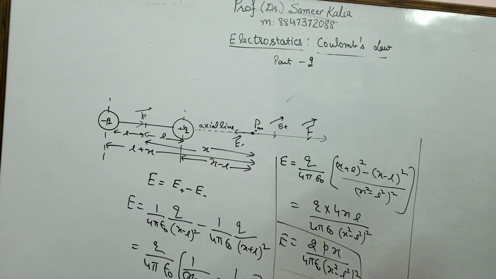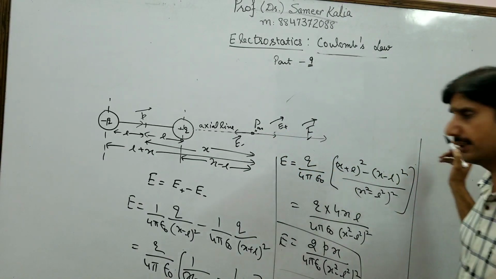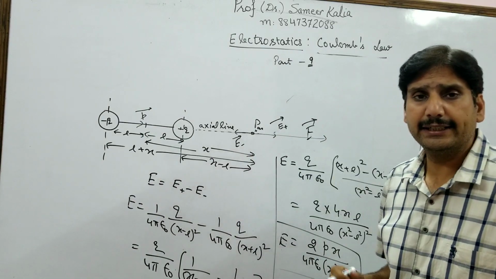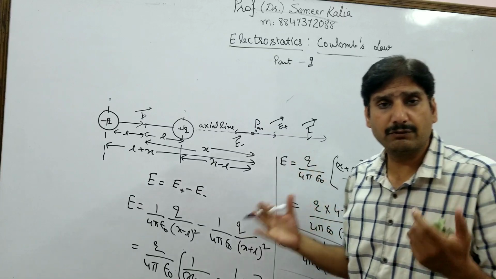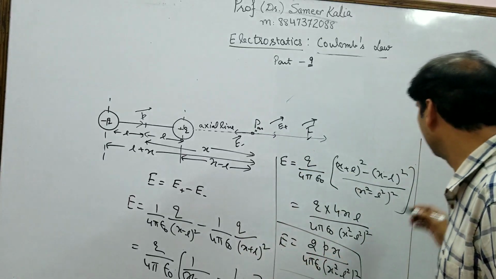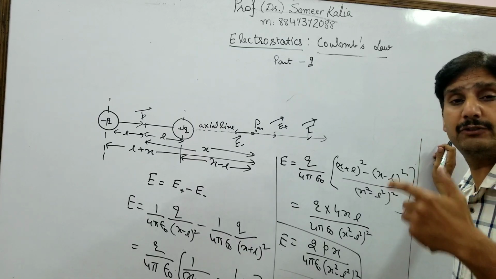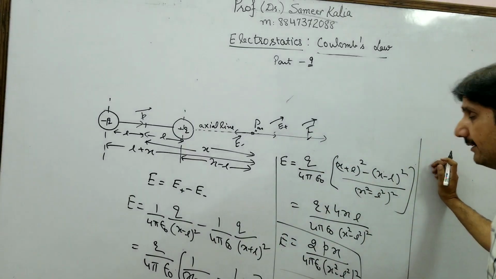Now, I can do a small special case as well. What if this point P lies very far away? What if this point P lies quite far away, then I can simply ignore L in comparison to x. What would be the expression for electric field at a point on the axial line which is quite far away from the center of the dipole in comparison to the length of the dipole?